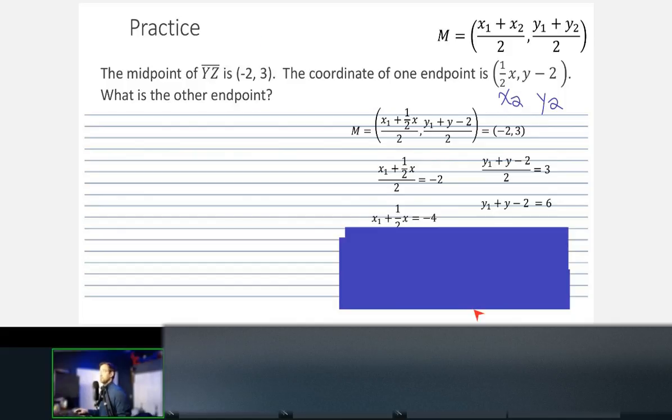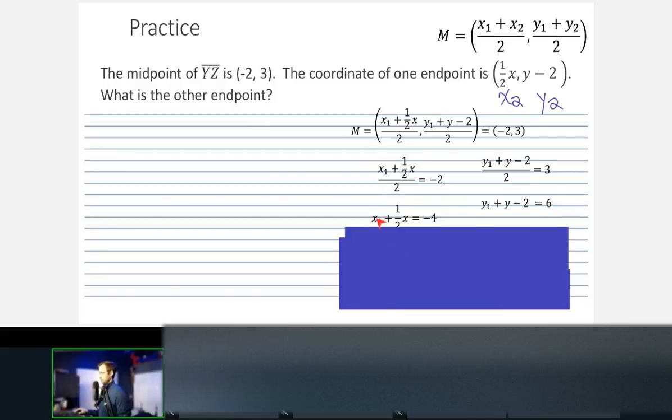So it looks like I'm solving 2 equations together. Multiply this one by 2, it clears that fraction on the left. -2 times 2 is -4. On this equation, multiply both sides by 2, clears the fraction on the left, and then 3 times 2 is 6.